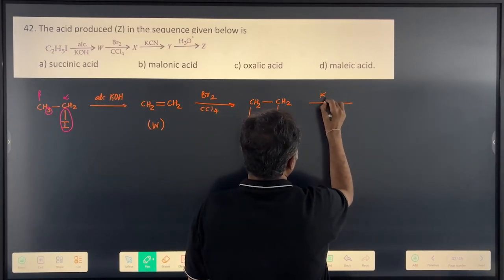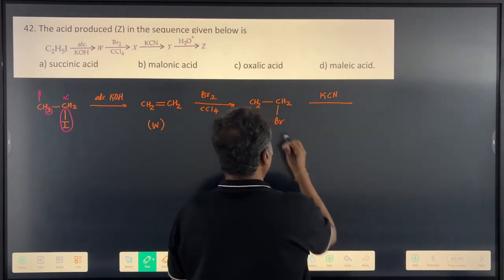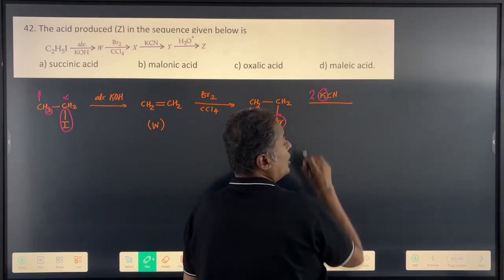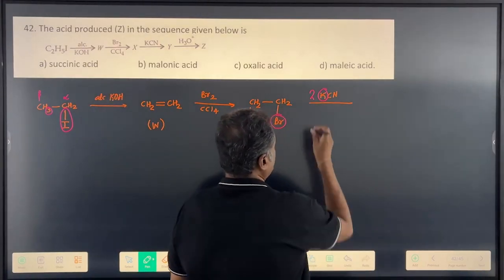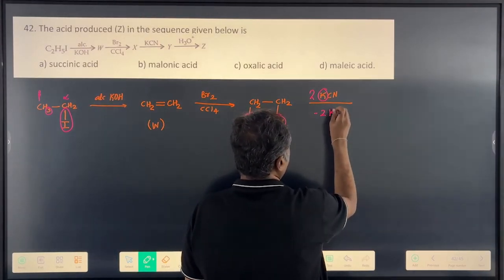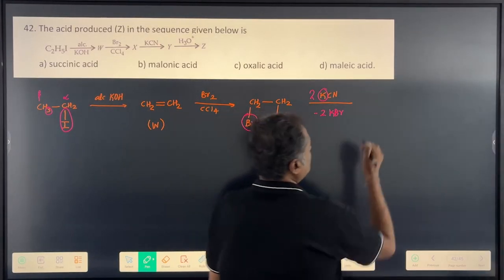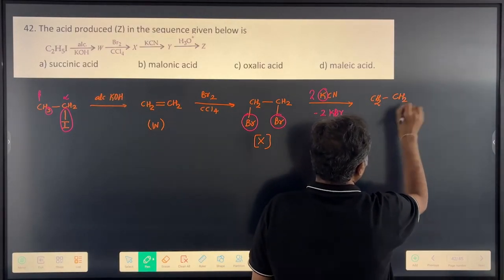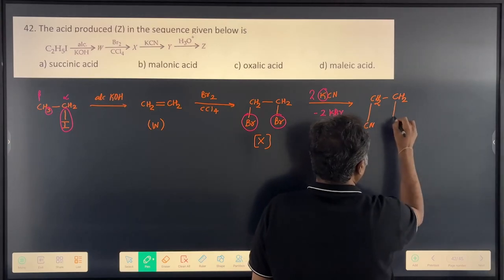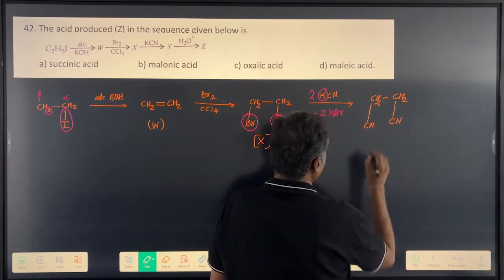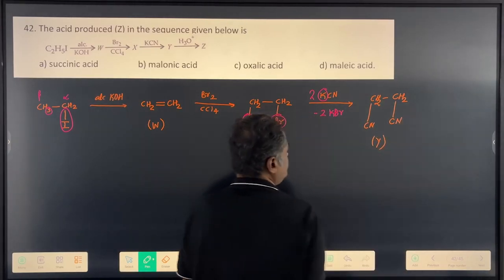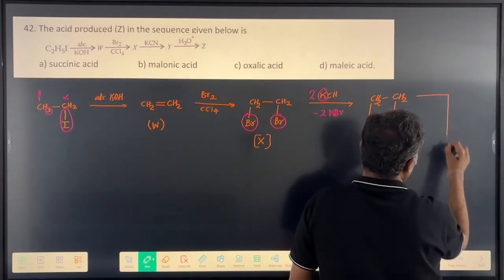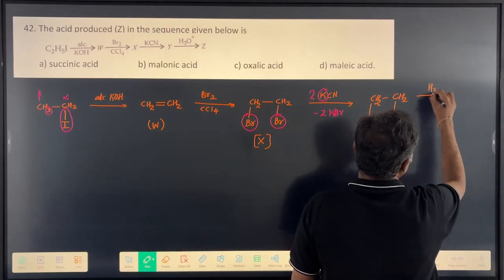When you treat this with KCN, of course, both the bromides will get replaced by cyanide. So, here your byproduct will be 2 units of KBr, and the product formed is nothing but CH2CN-CH2CN, this is your compound Y. Now last step, which on hydrolysis. Now basically, I don't know how many of you remember this right now.